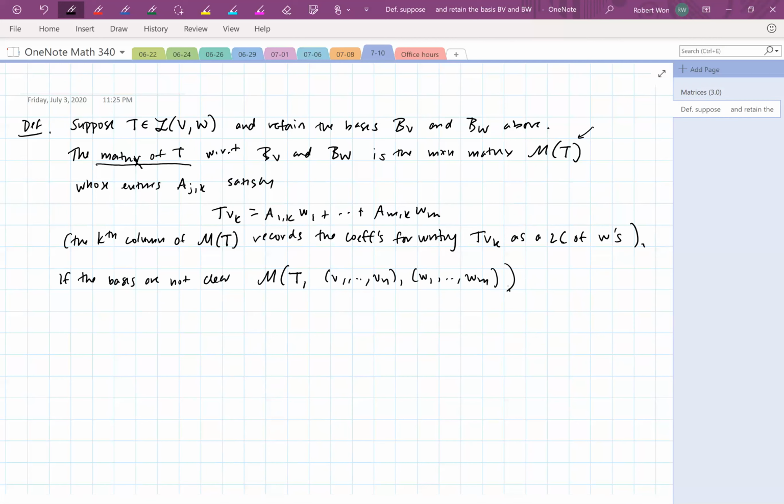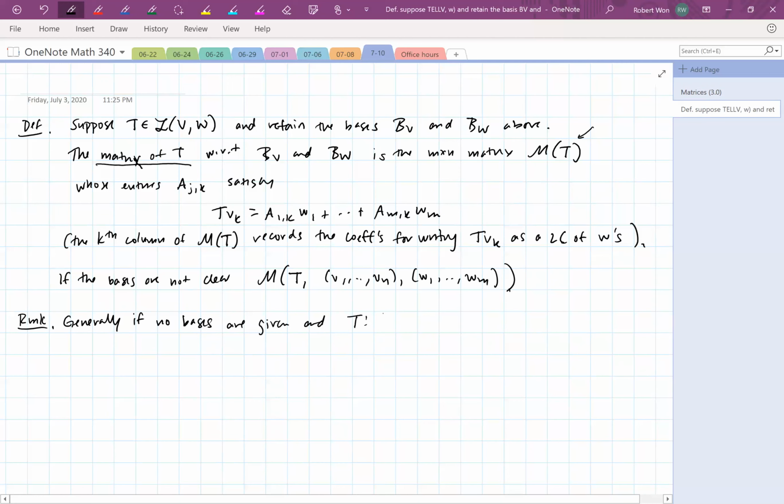But a lot of the time we'll be working with some fixed basis of each vector space. And if you have some fixed basis of each vector space, then you don't need to mention which basis you're using, because we all agree. Generally, if no bases are given, and T is a linear transformation from F^n to F^m, what we do is we just use the standard bases.